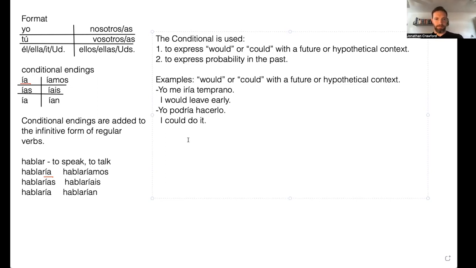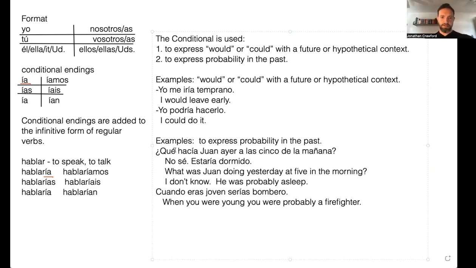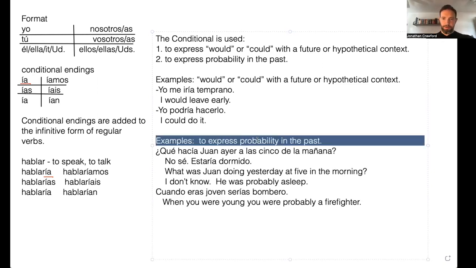Let's go ahead and take a look at these ones, and I'll just put them all on the board at once. So, to express probability in the past, it has to have a past tense context to it. But if you use the conditional inside of a past tense context, it makes it sound like you're expressing your opinion of probability about something that happened in the past.